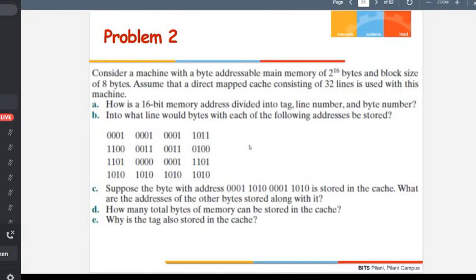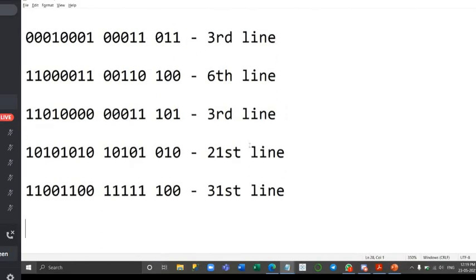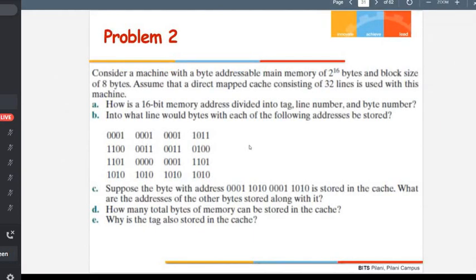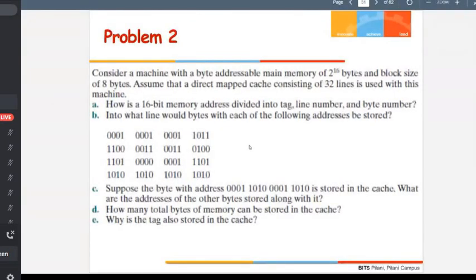Now the next thing he mentioned, part C, is something I was not completely in agreement with what Sir told yesterday. He said that if a byte with the following address is stored in the cache, 001, what are the other addresses that are present along with it?